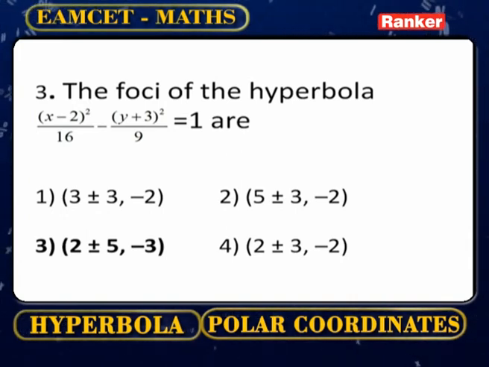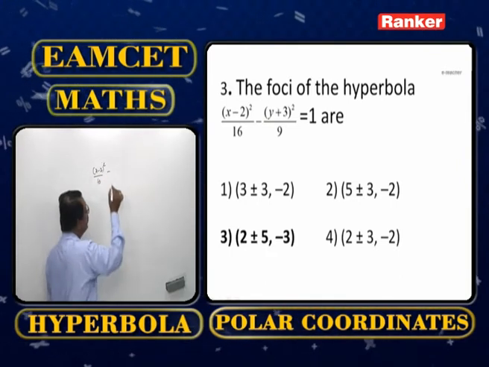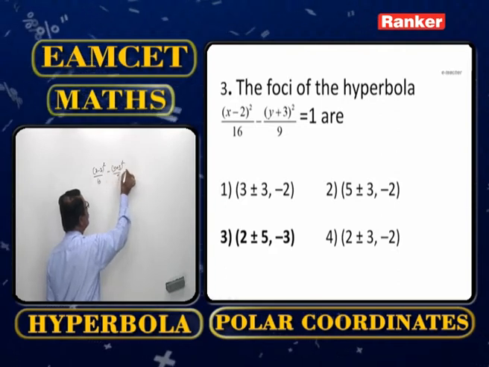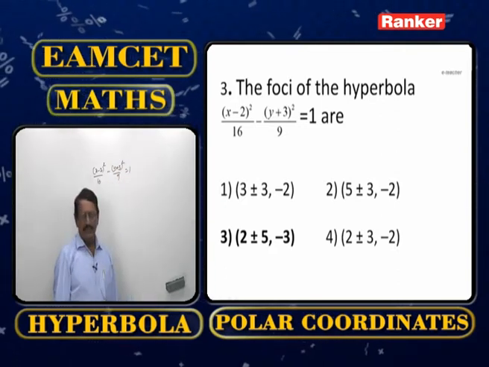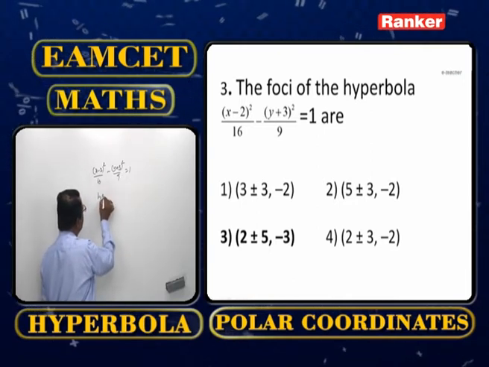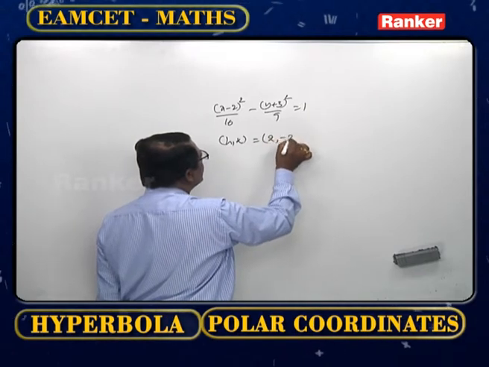Next: find the foci of the hyperbola (x minus 2) whole square by 16 minus (y plus 3) whole square by 9 equals 1. Here the center (h, k) equals (2, minus 3).